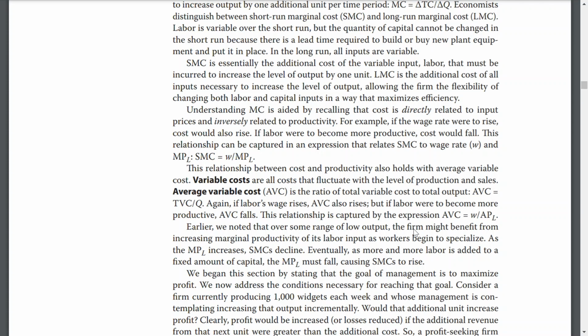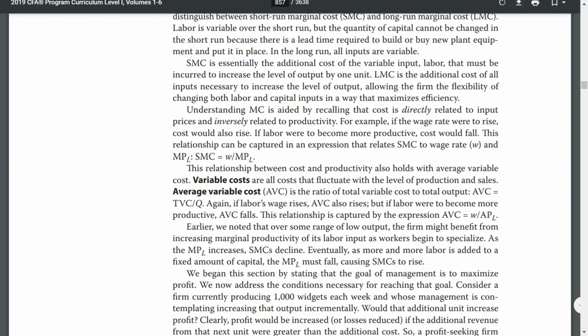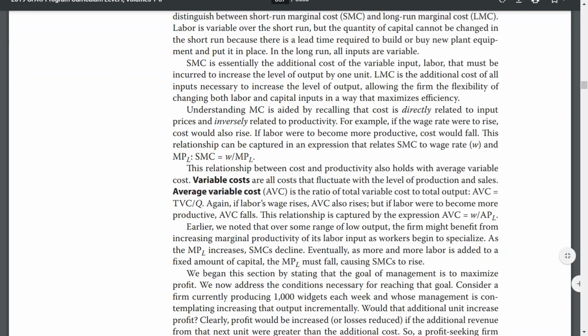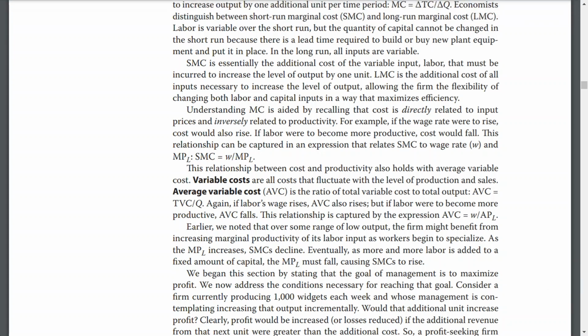For example, if the wage rates were to rise, costs would also rise. If labor were to become more productive, costs would fall. This relationship can be captured in an expression that relates SMC and wage rates, W, and MPL, where SMC is equal to the wage rate divided by MPL.